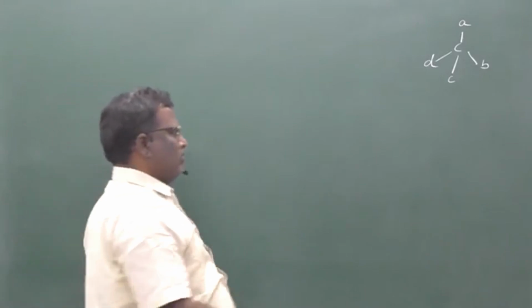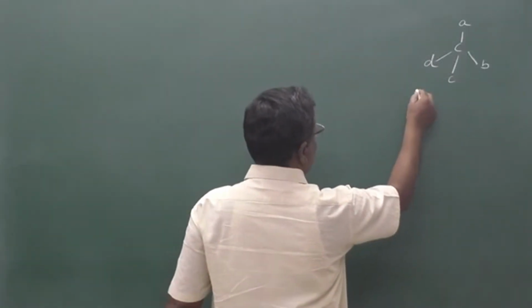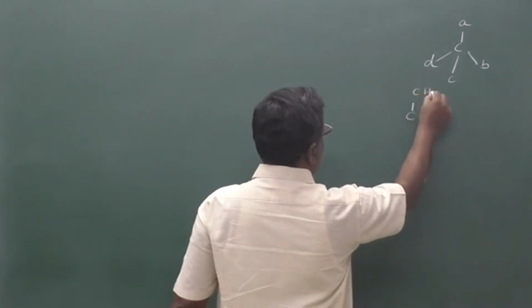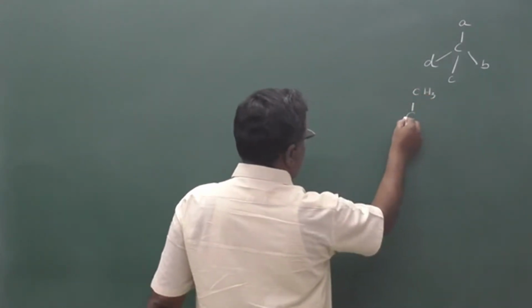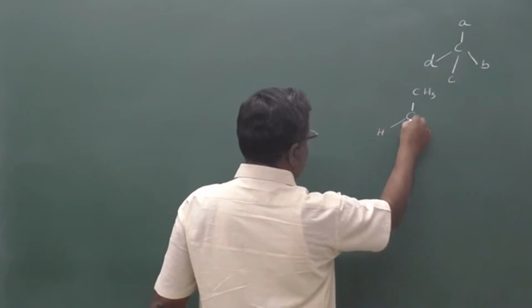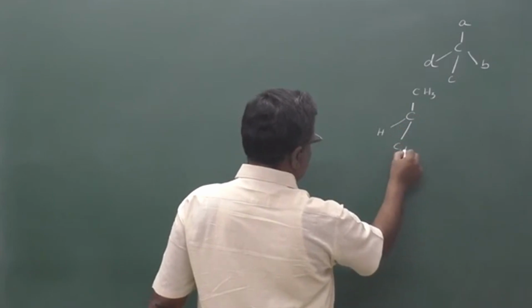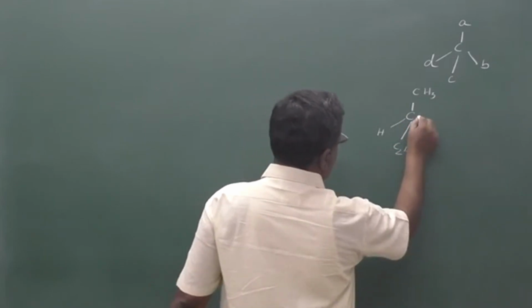For example, if you take an alkyl halide which is having one methyl group, another hydrogen, with C2H5, and one Cl.